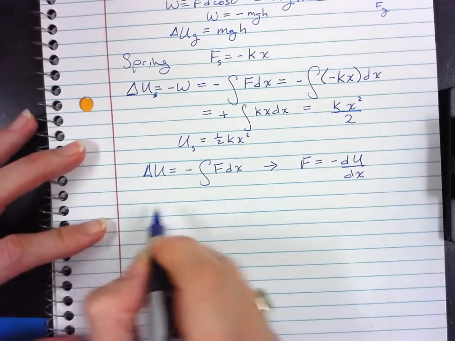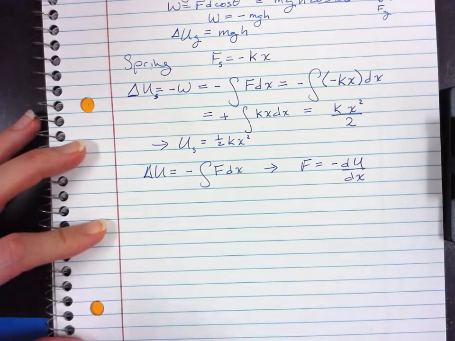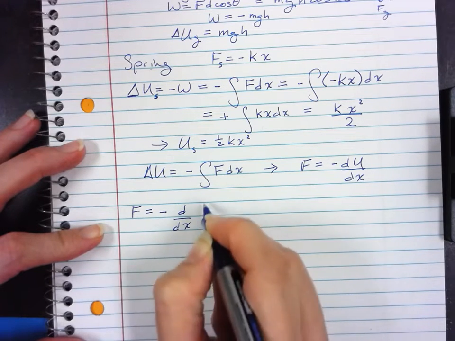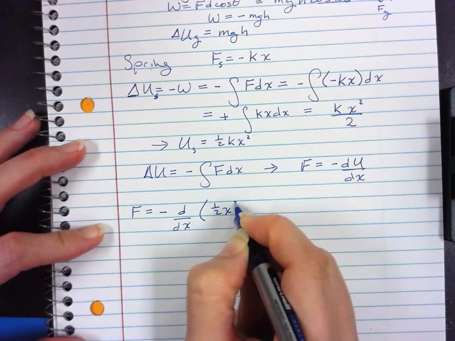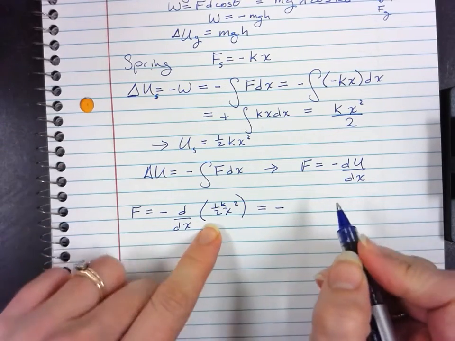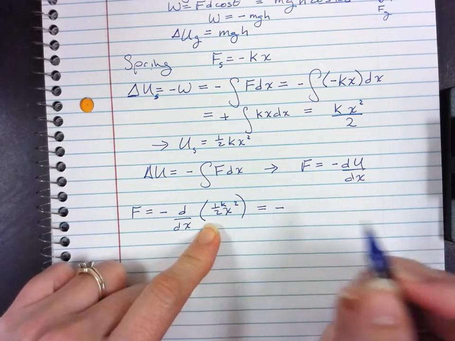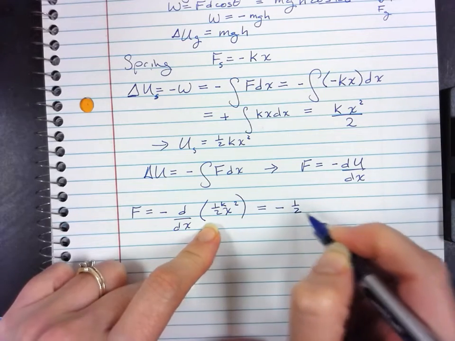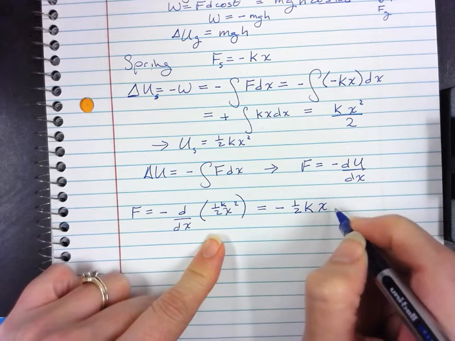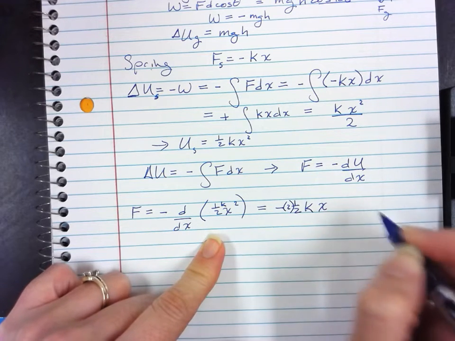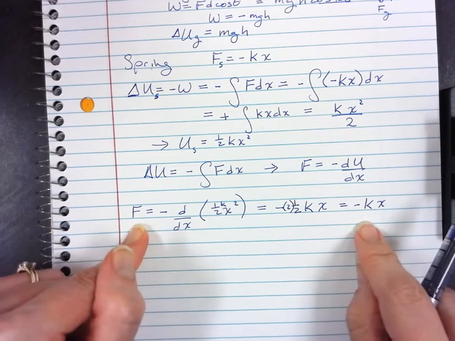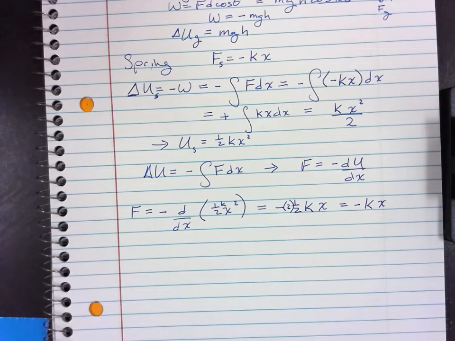So if we use the u function here, F is negative derivative with respect to position of 1/2 kx squared. Oops, I forgot the k. So we keep the negative sign, and then we take the derivative. Wow, that looks bad. Life goes on. So we keep the 1/2, we keep the k, keep the x, but we multiply by 2. So 2 and 1/2 cancel. We get back that force is negative kx, as we expect for a spring.